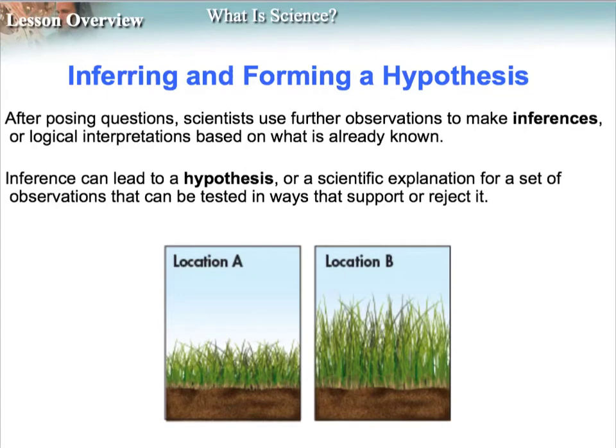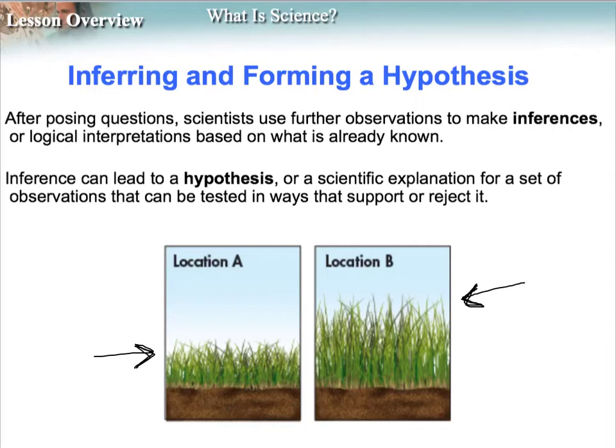Once we have made our initial observation, we can then make inferences based on that observation to make a prediction or our hypothesis. So if the observation for this example was that location B had much taller marsh grass than location A, our inference could be that we know something at location B is making that grass grow taller than at location A. So that would be our inference, our logical interpretation based on what we already know.